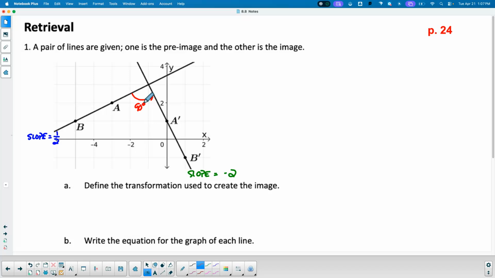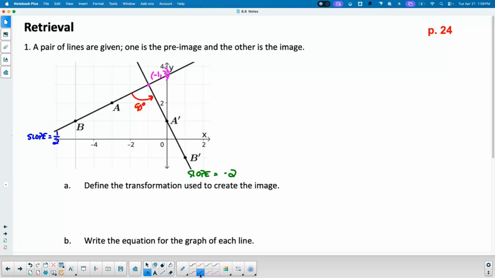Okay? Which direction did we rotate? Counterclockwise, right? Okay, because we're not going the same way that a normal clock would go. We're going counterclockwise. Okay? Which point did we rotate around? -1, 3. This point right here where the two lines intersect.